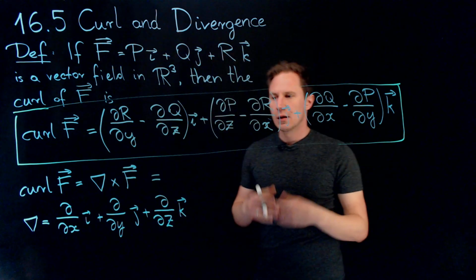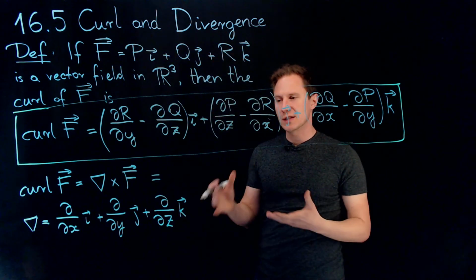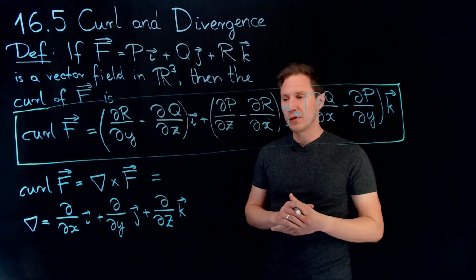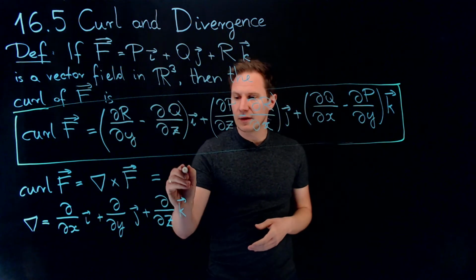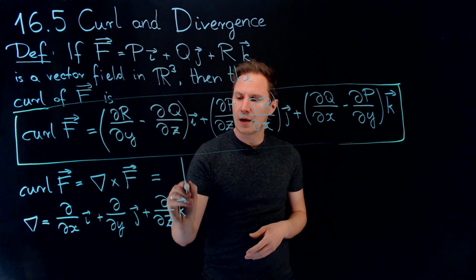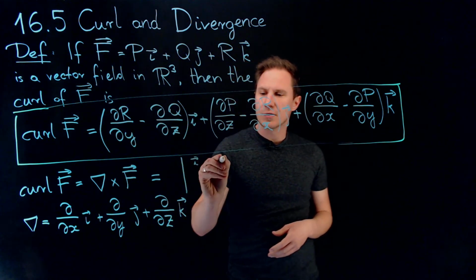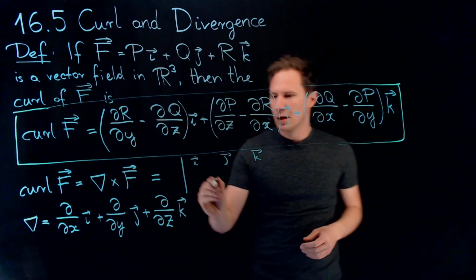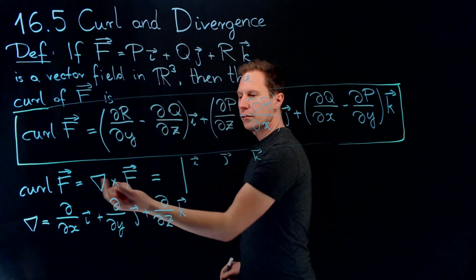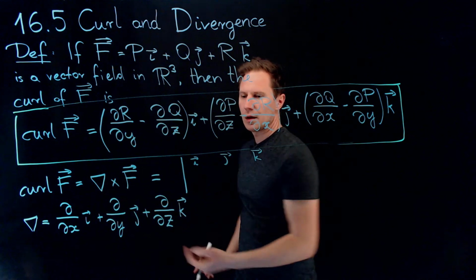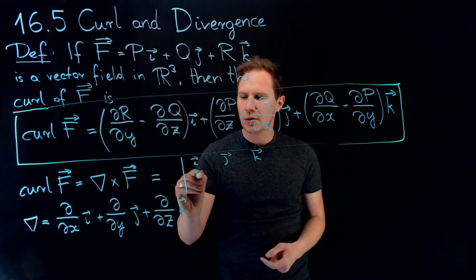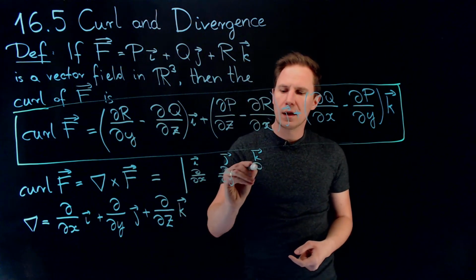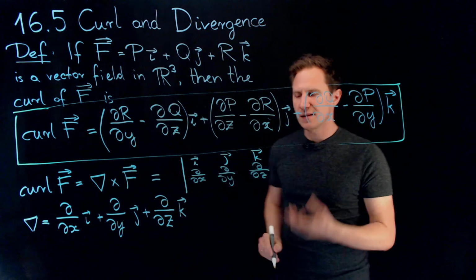Remember that the cross product of two vectors can be computed as a 3×3 determinant. So if you write down that 3×3 determinant, it will have the basis vectors i, j, and k in the first row. The components of the first vector, which is Nabla in this case, in its second row, so that's d/dx, d/dy, and d/dz in the second row.